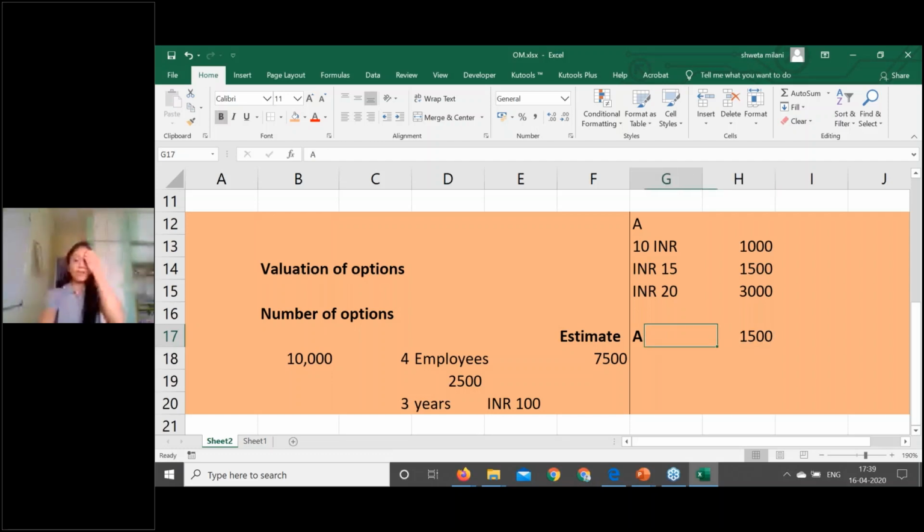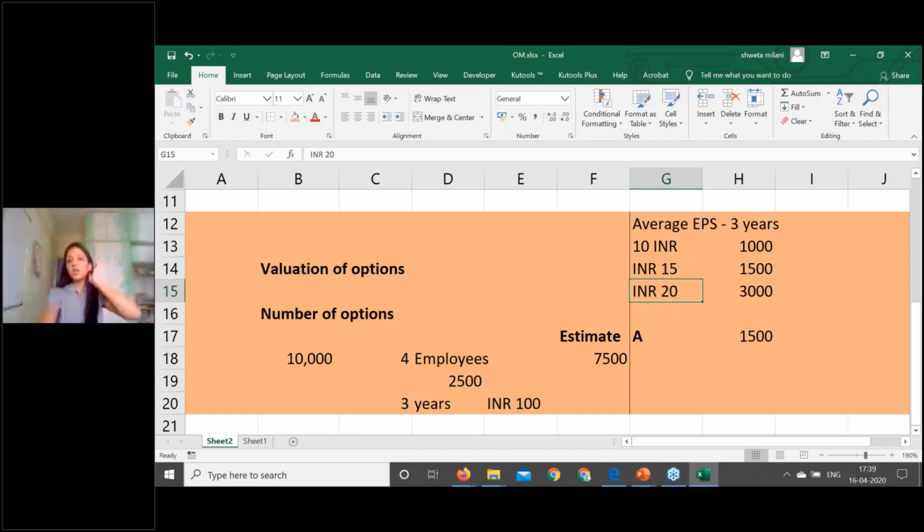For example, say the average EPS for a period of 3 years should be INR 10. So this is the average EPS for a period of say 3 years. Now if the first year is already over, and in the first year itself I understand that the EPS is 10 only, it is not 15, it is not 20.